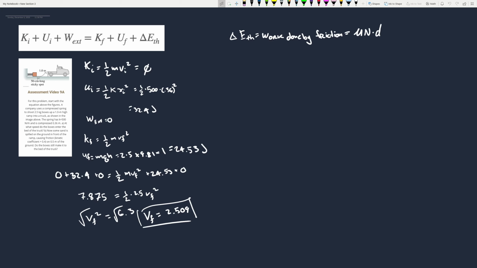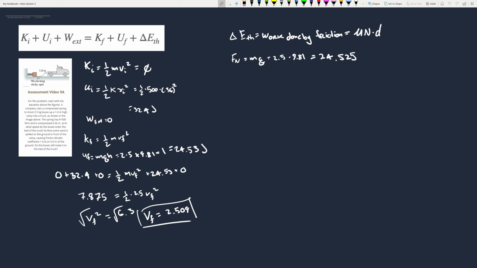So let's quickly find the normal force. Normal force is just going to be mass times gravity, 2.5 times 9.81. So we have our normal force right here.